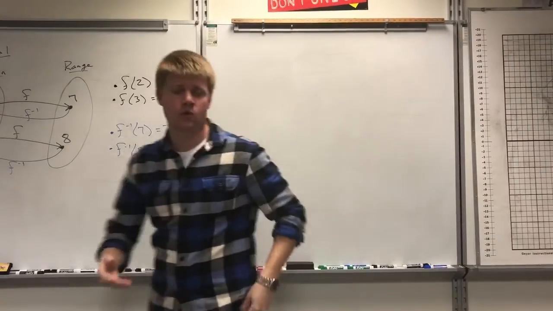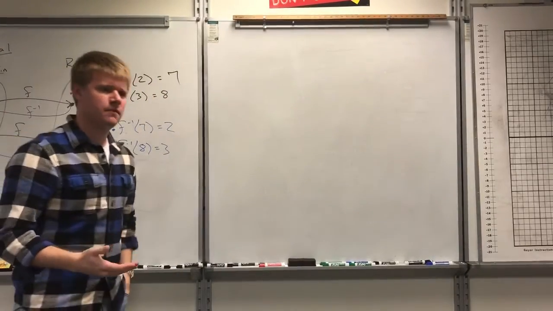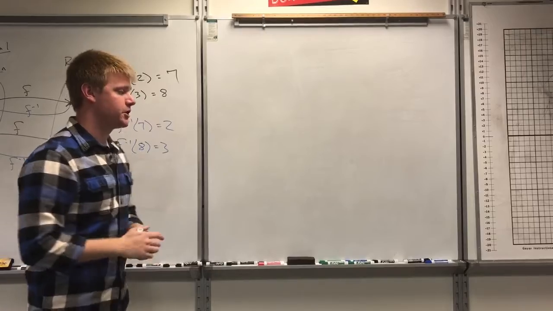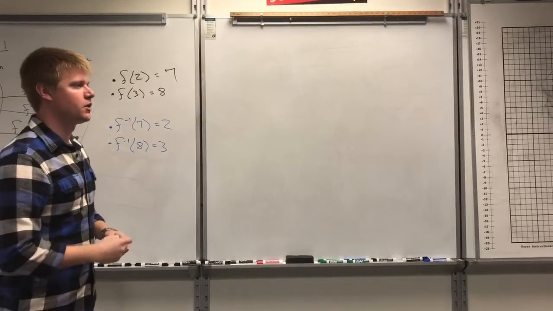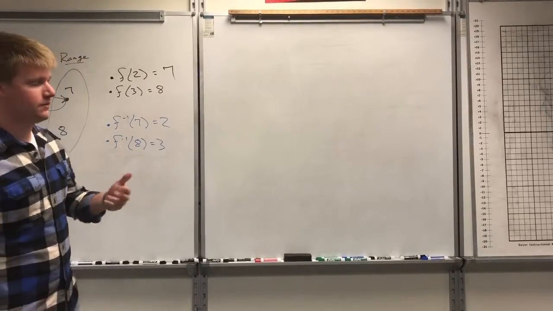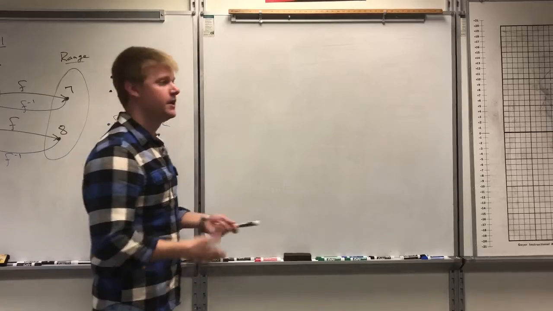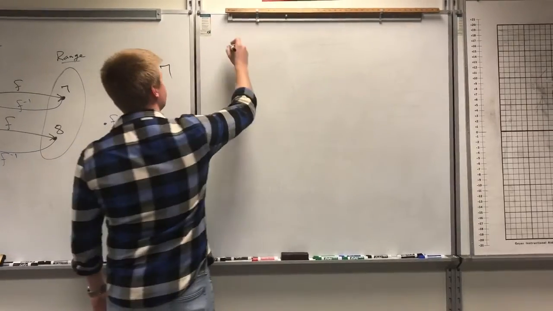First, how do I determine if a function has an inverse? Not every function will. Then, how do I determine what the inverse function of one is? Think of ones I said earlier today: the inverse of squaring is a square root, or the inverse of adding 3 is to subtract 3. So we're going to see a lot of opposite operations.